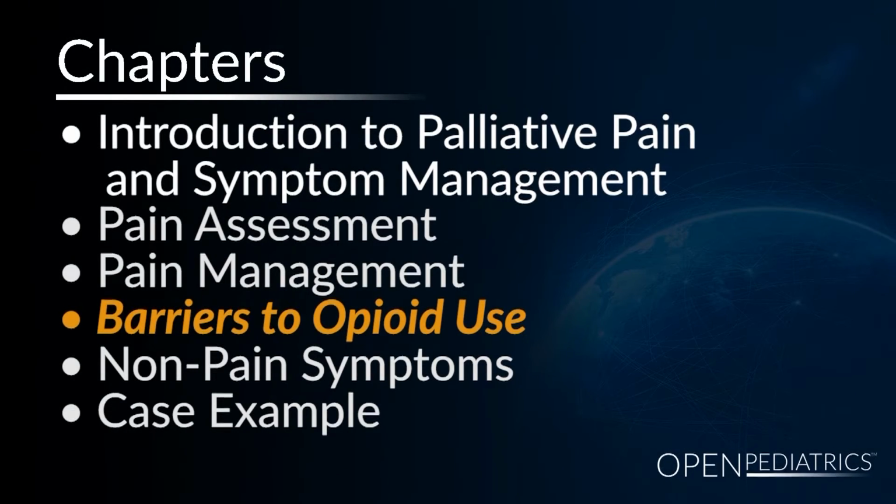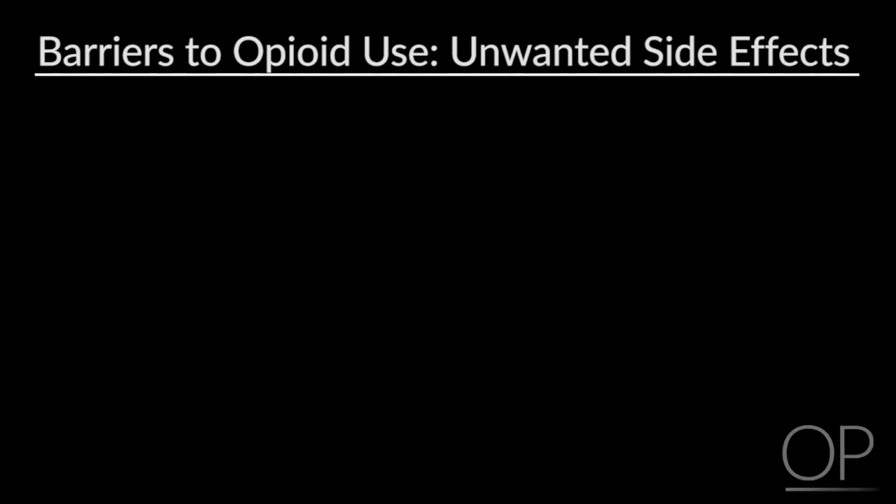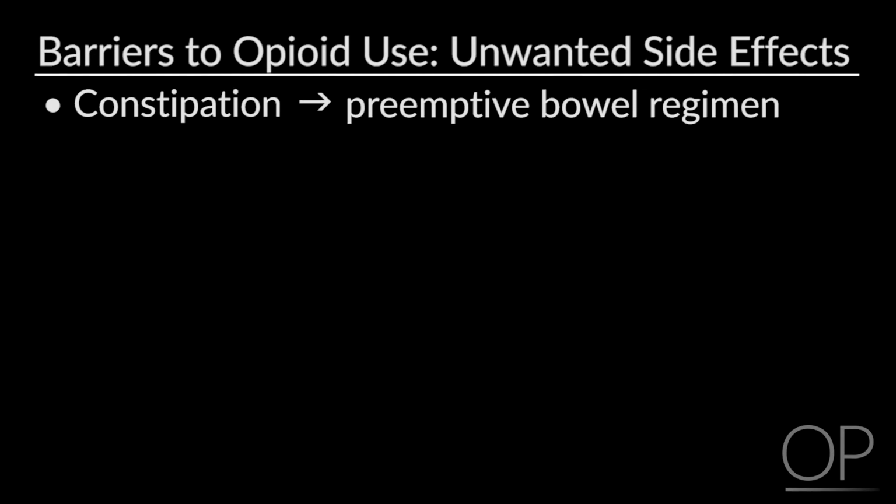Barriers to opioid use. The side effects of morphine are something real to consider. We really need to think about what we expect as a side effect and how we can manage that side effect in order to make our opioid therapy more tolerable. Constipation is one that we know all patients will experience on opioids, and we should prescribe a bowel regimen preemptively.